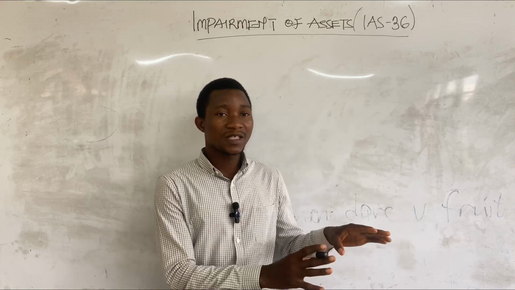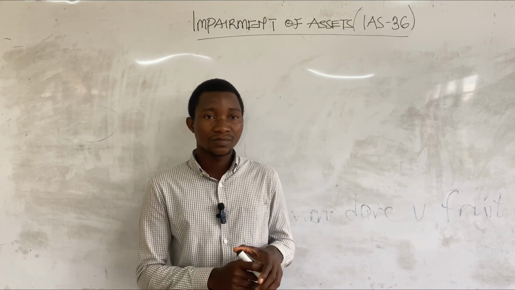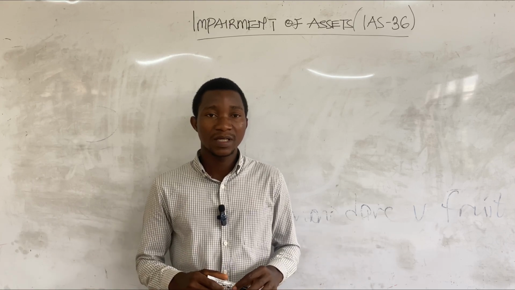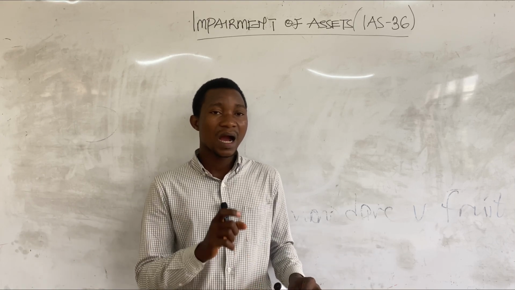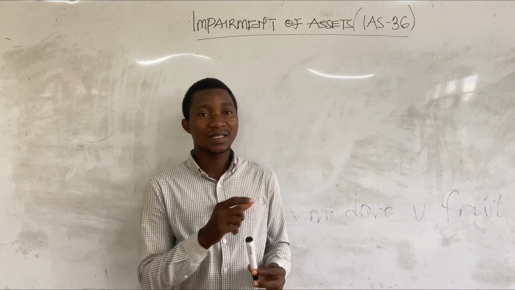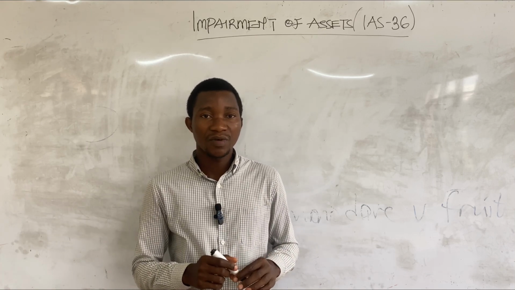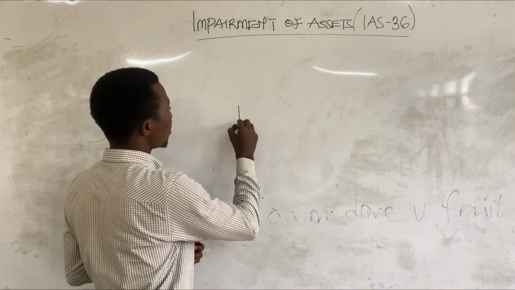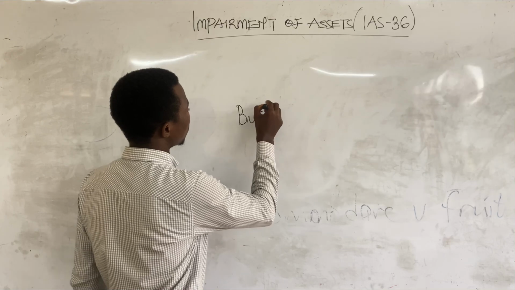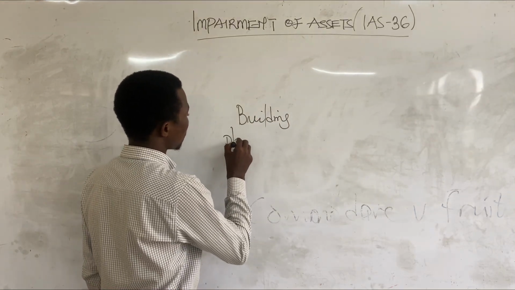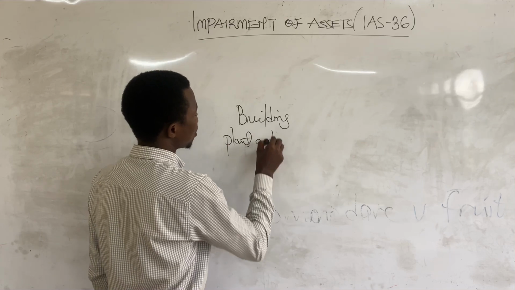So when we test for impairment on a cash generating unit and we arrive at an impairment loss, the question is, how do we allocate the impairment losses to the individual assets within the cash generating unit? So for instance, when we have building, we have plant and machinery.